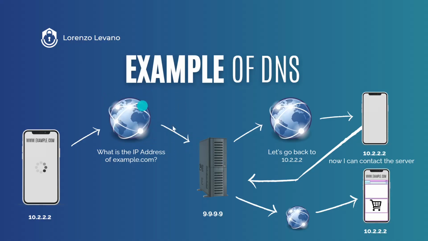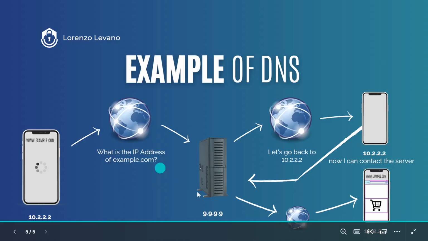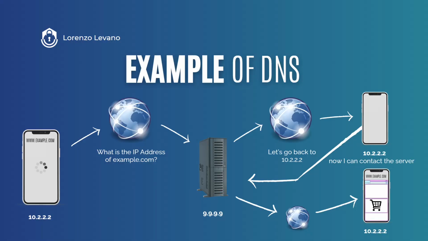The internet sends us to the server which hosts the website, which has an IP address of 9.9.9.9, for example. So now we have the IP address of example.com, and the DNS servers send us this IP address.